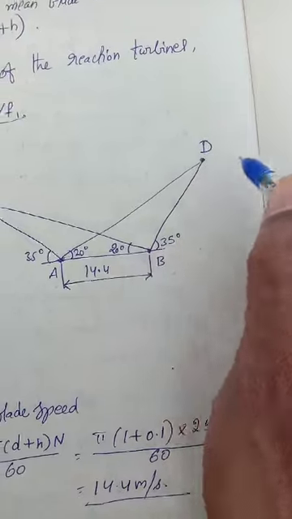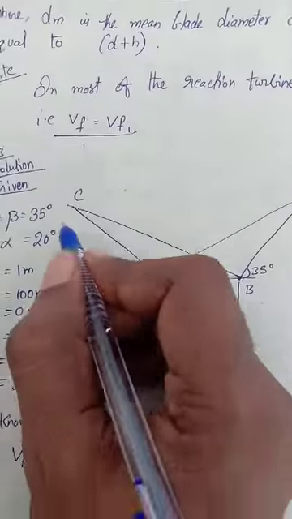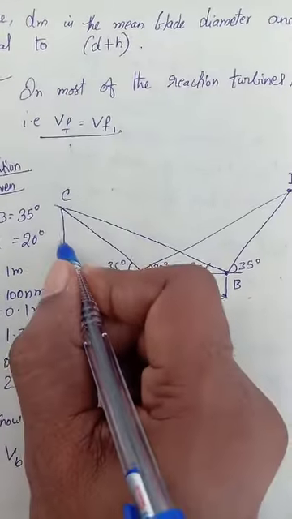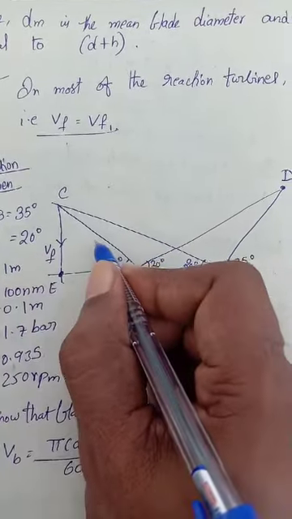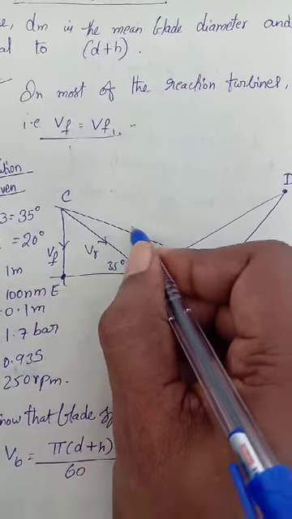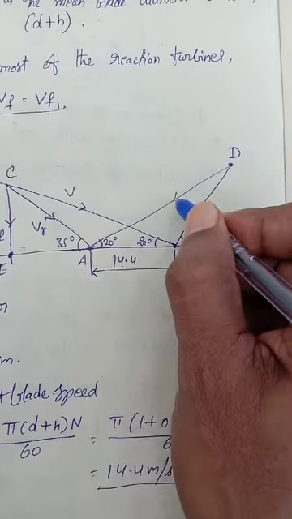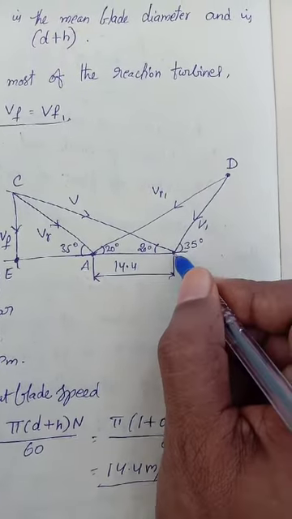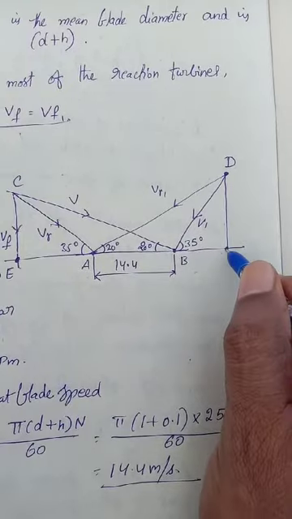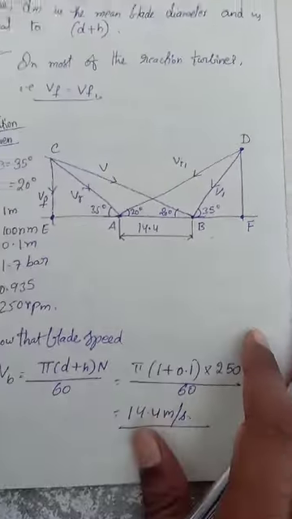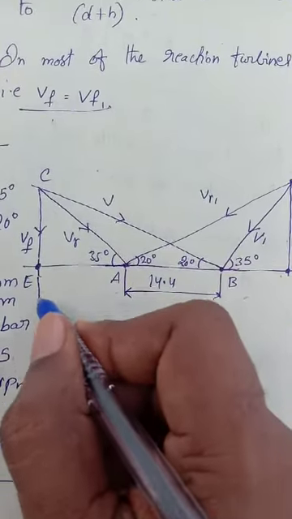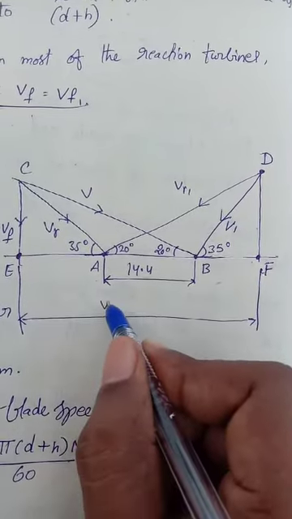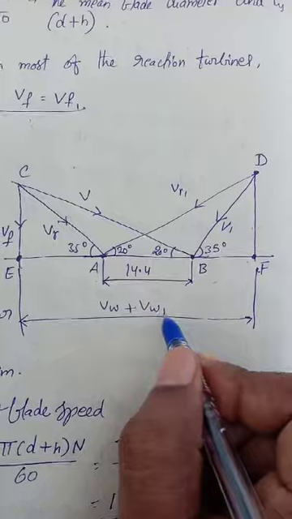I put it here D. Now this point is E, this is VF, and this is VR, this is V. Here is VR1, this is V1, and then this is F. You know very well the distance from here to here is VW plus VW1.